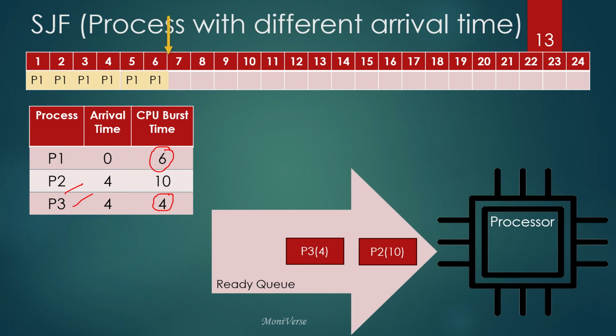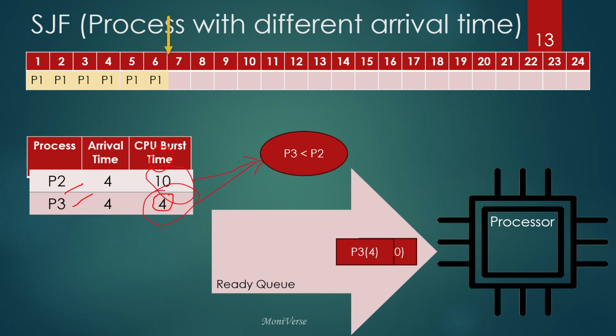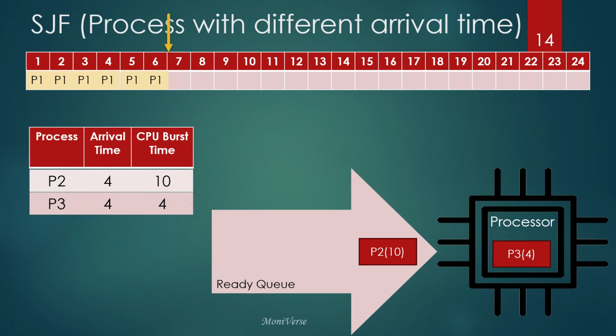So as it is the shortest job first algorithm, now P3 will enter into the processor. Okay. So P3 has lesser time. The execution time of P3 is 4 units of time. So it will be executed now.